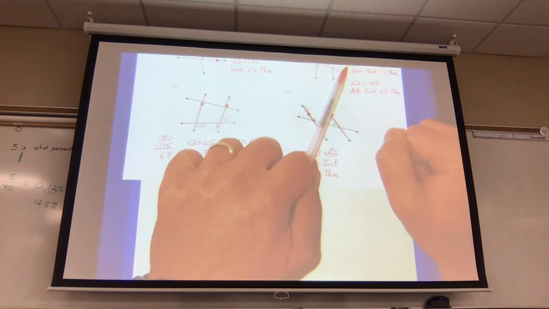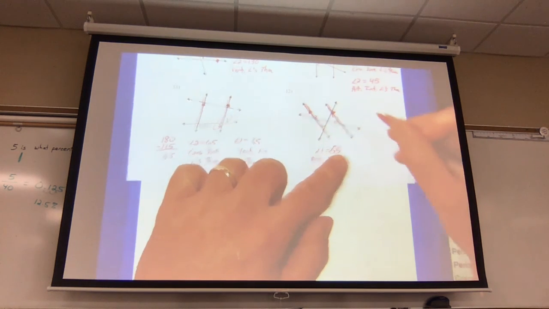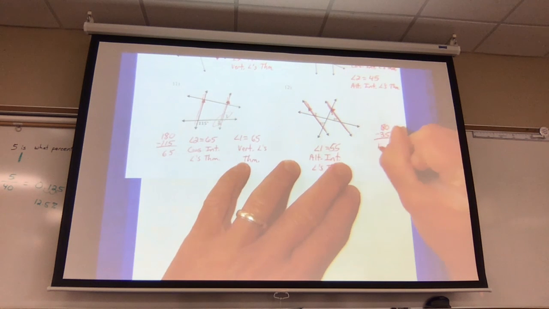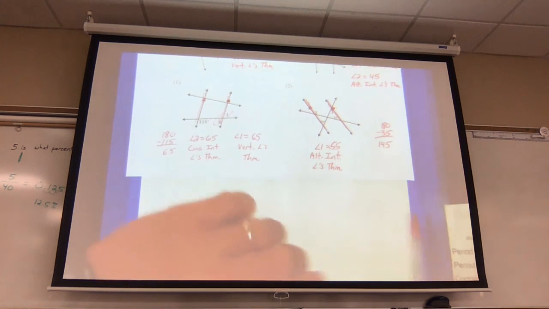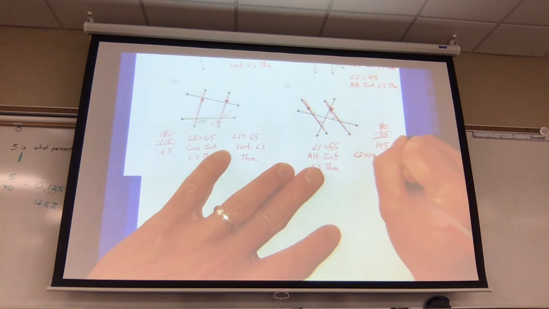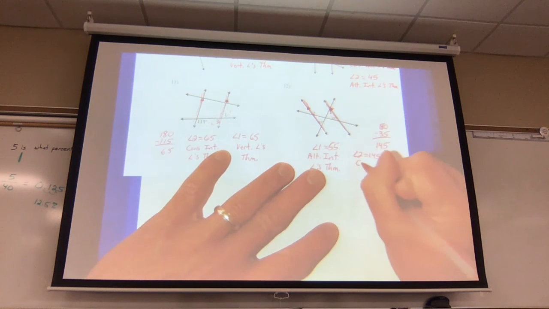Consecutive interior angles will add up to 180 if the lines are parallel. So to find angle 2, we're going to take 180 minus 35, which is 145. So angle 2 is 145. And once again, those are consecutive interior angles.